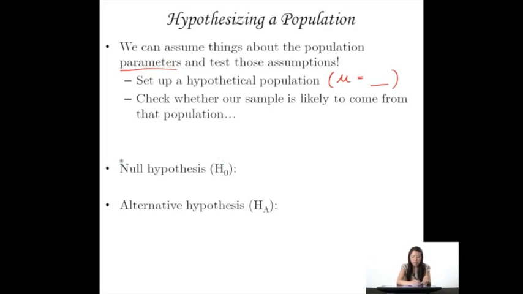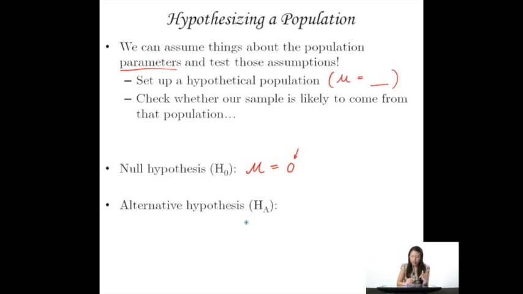The null hypothesis is your hypothetical population. We write the null hypothesis as H sub 0, or H naught. So we might say mu equals 0. Ta-da, we have created a null hypothesis. Now, I've just made up this 0 right now. There are better ways of doing this, and we'll talk about those later.